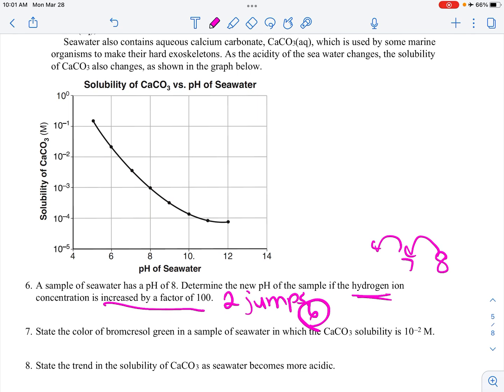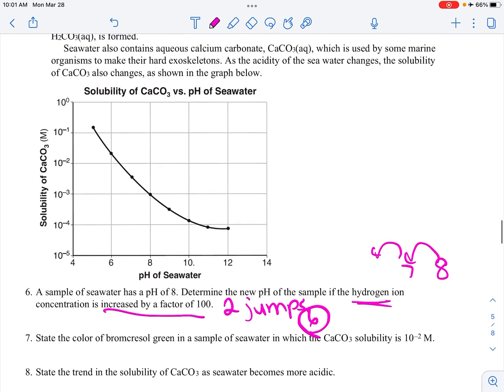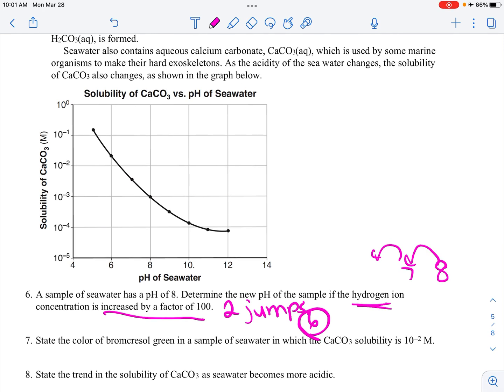State the color of bromocresol green in a sample of seawater while the CaCO3 solubility is 10 to the minus 2. So 10 to the minus 2. So here we go. Looks like 6 point, I don't know, almost 7, 6.5, I don't know.